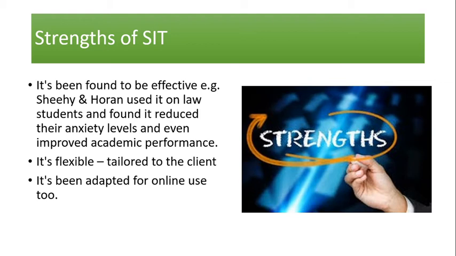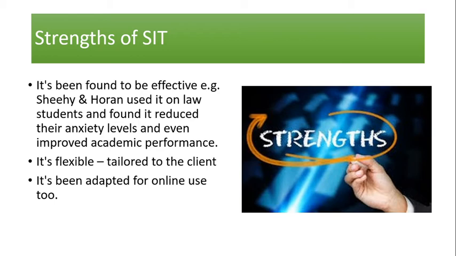And for those who were kind of at the bottom of the performance table, who were predicted to do really badly in their exams, it really improved their academic performance. So that's quite a nice study that tells you that it can be really effective.